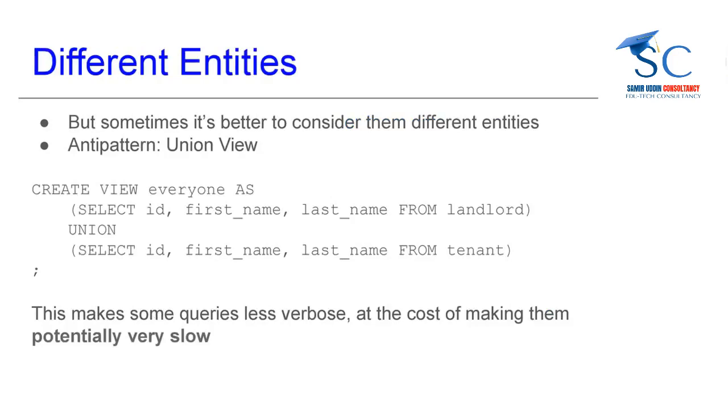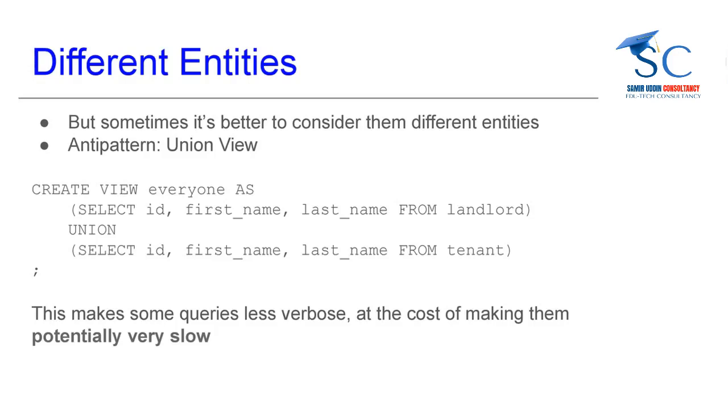So anyway, a problem with this pattern is that, again, sometimes you want to consider these entities as a single thing. So a typical anti-pattern is to build a union view, which basically is a query which returns everything from the landlord table and everything from the tenant table.